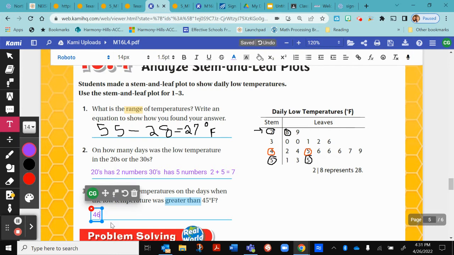So I'm just going to put 46 degrees. Then it's 46 again. Then it's 47, 49, and I'm going to stem 5, and I'm going to put in 51, 53, and 55. There you go.